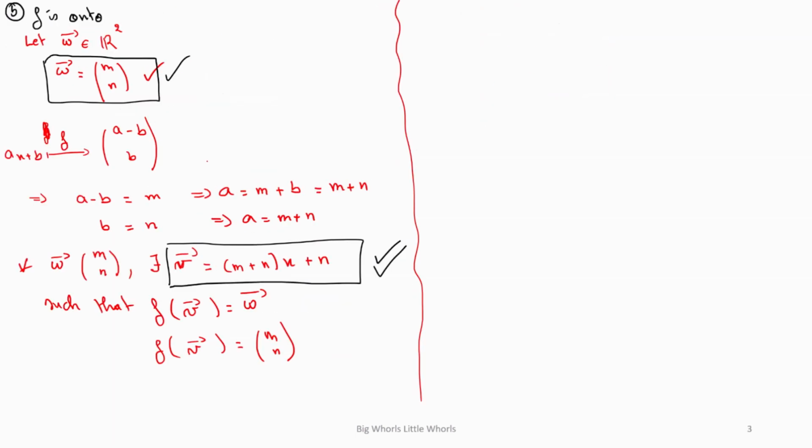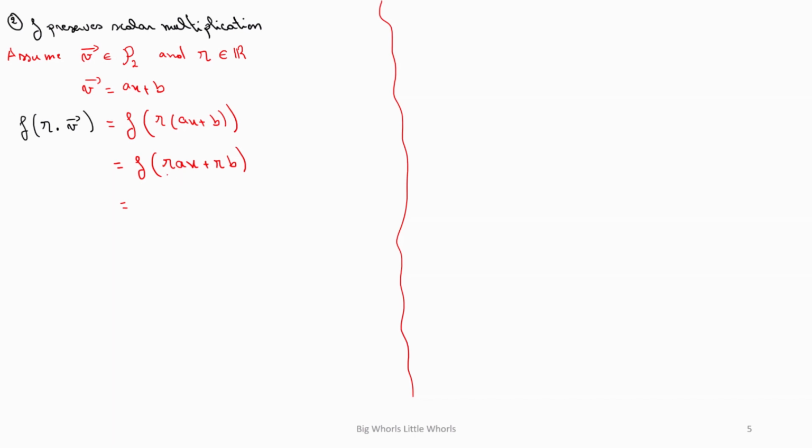It takes the coefficient of x minus the constant as the first component, and the constant as the second component. Here the coefficient of x is ra, so f takes ra minus the constant rb, and then the second component is the constant rb. So that is the action of f on that vector.